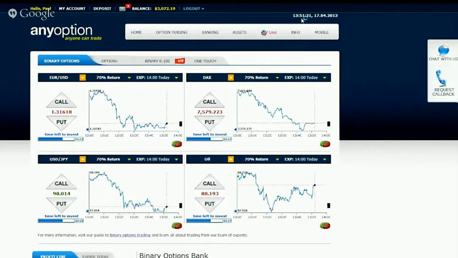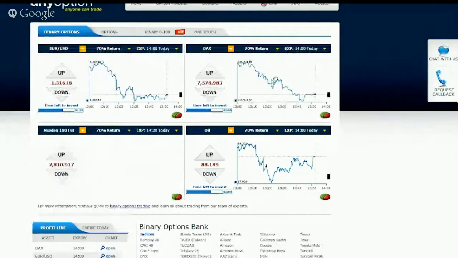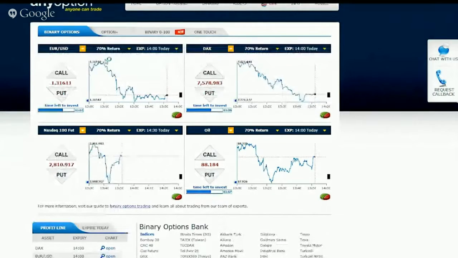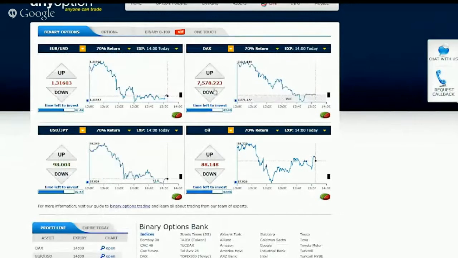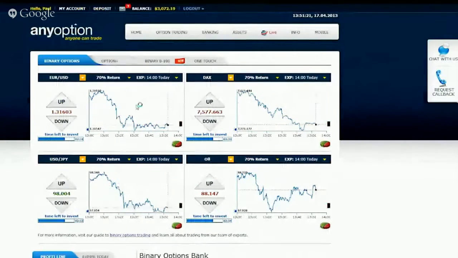I have another 9 minutes until expiry, which means less than 5 minutes until the option is waiting for expiry. You can see that all the positions I've taken are in the money and still in the downtrend. You can see that using the take profit option on the oil was a correct decision because there is still a downtrend. If this downtrend continues by the end of the hour, I will have a nice profit.